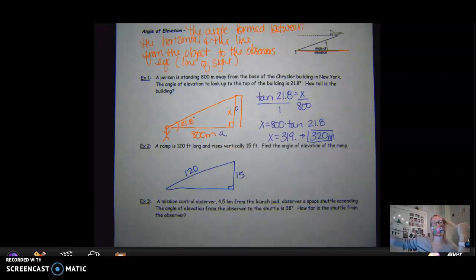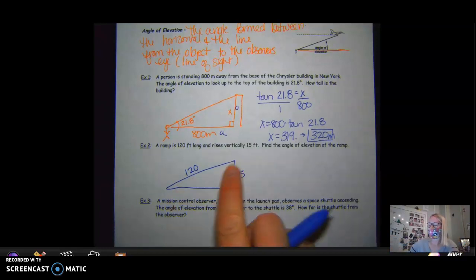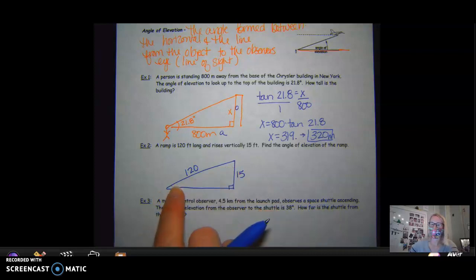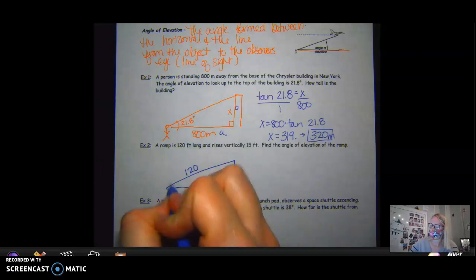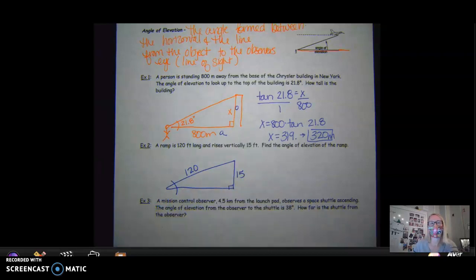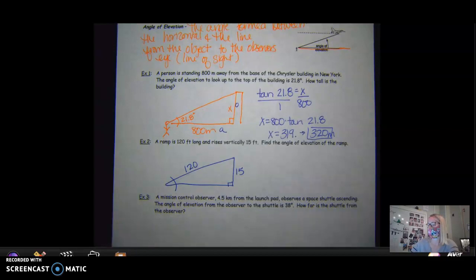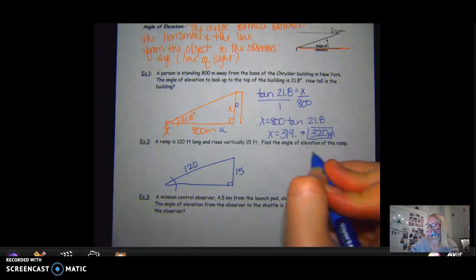The ramp is being lifted, right? They want to find the angle of elevation. Is that angle, this angle, which I'm going to call angle 1, or is it this angle, which I'm going to call angle 2? Yep, so they want to find this. So we're finding an angle measure. Are we going to use regular trig functions or inverse? Inverse.